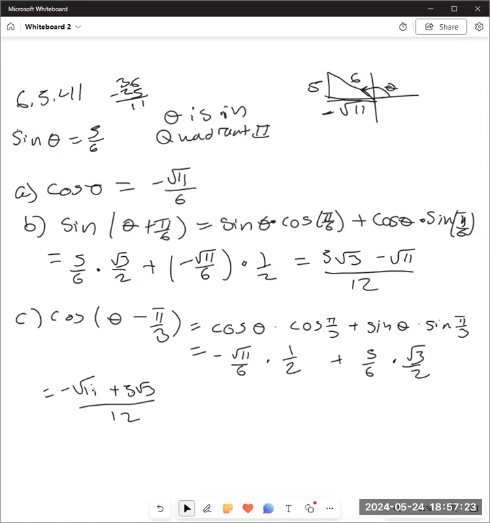And we haven't talked about tangent of theta yet. So tan theta is equal to 5 over negative root 11. It's going to be a negative 5√11/11.